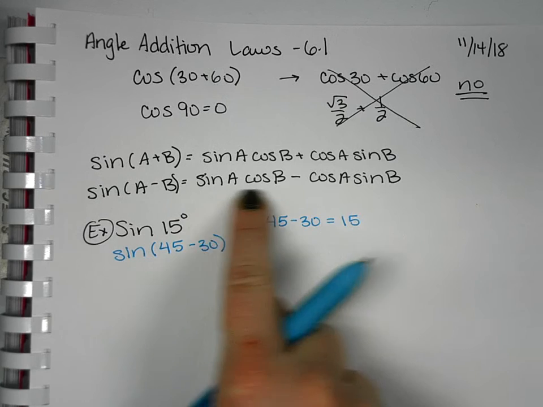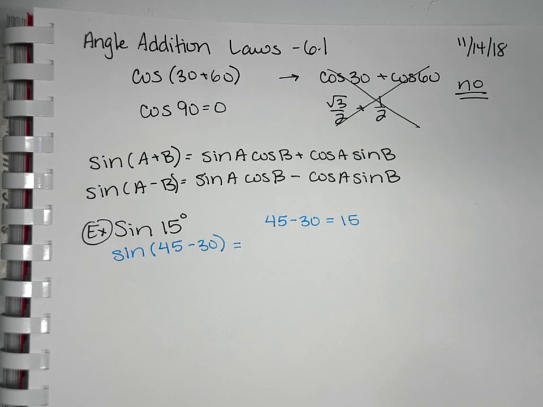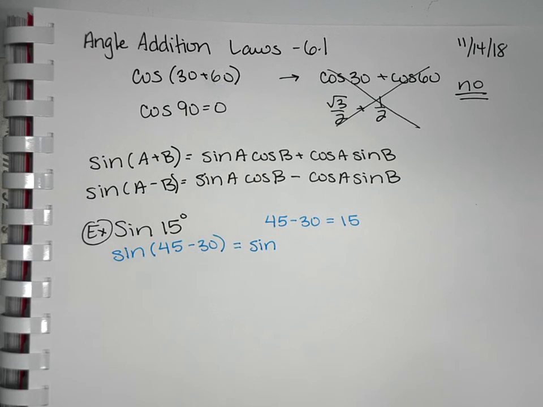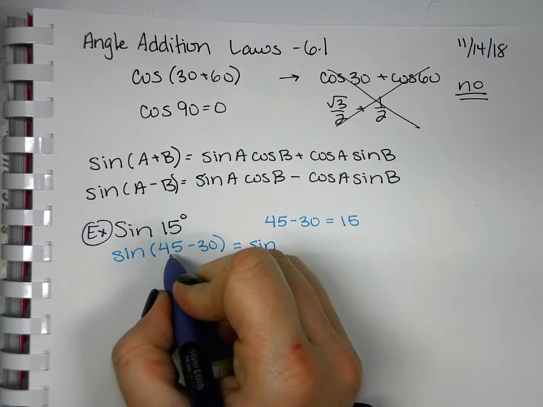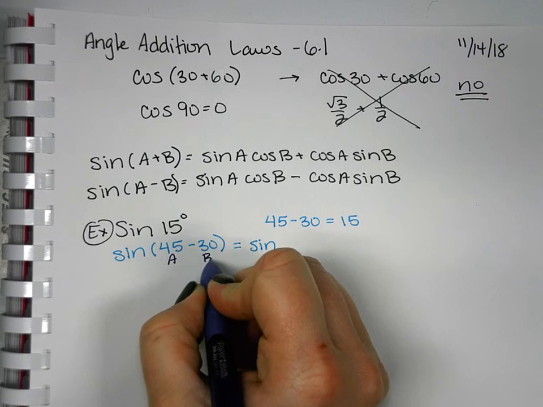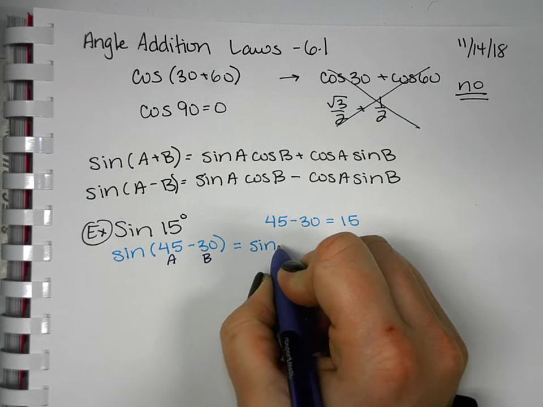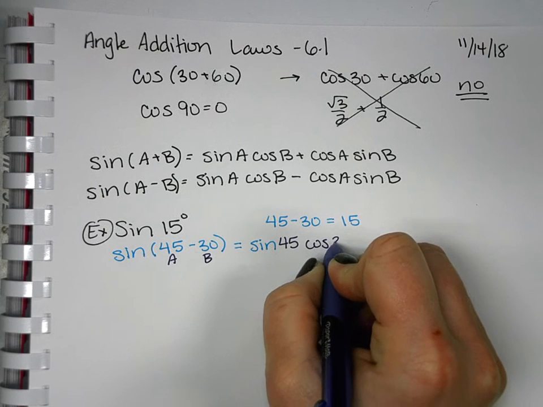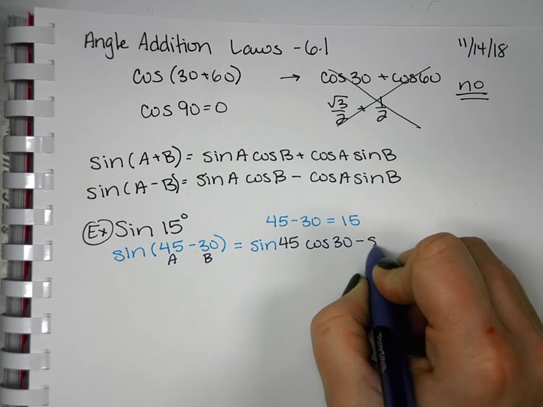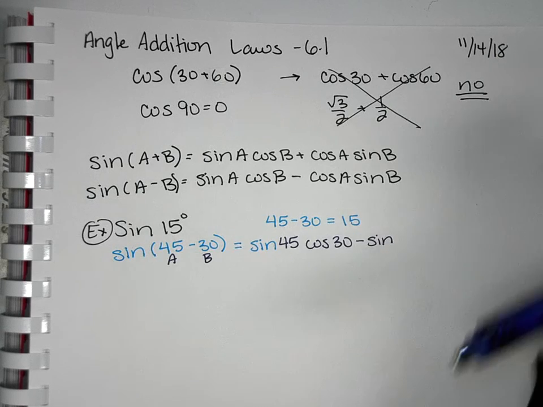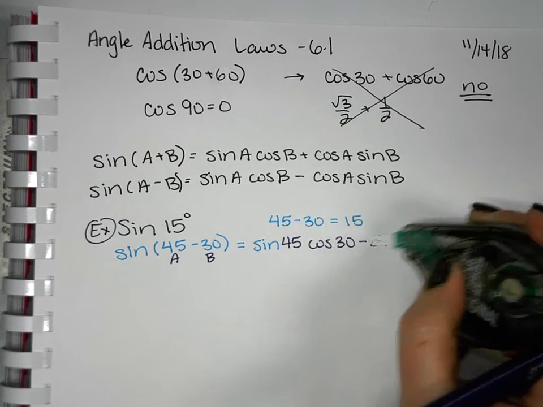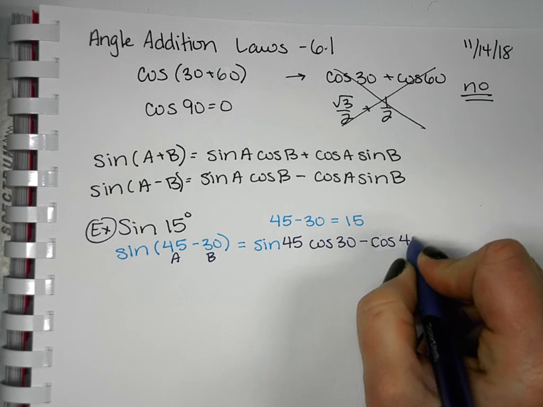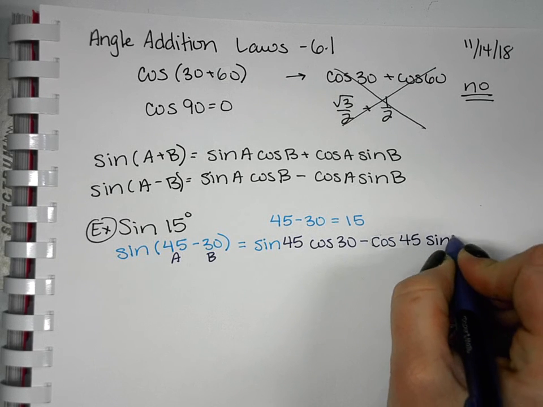Using our difference rule, I can write this as sine, so 45 will be my A, and 30 will be my B. Sine of 45 cosine of 30 minus cosine of 45 times sine of 30.